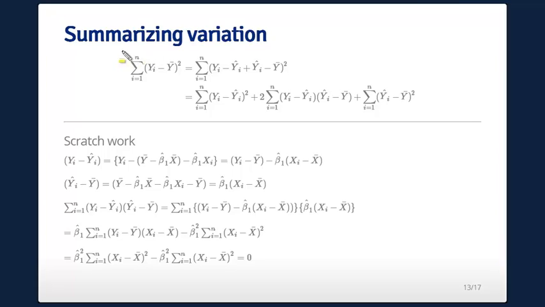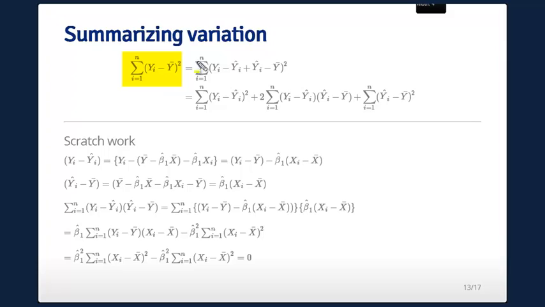So let's look here. n minus 1 times the sample standard deviation is this term right here. That would represent the total variation in the y's, disregarding everything except maybe its mean.